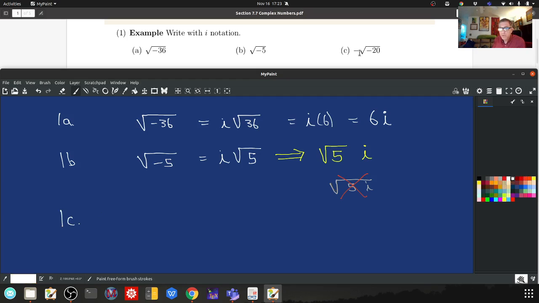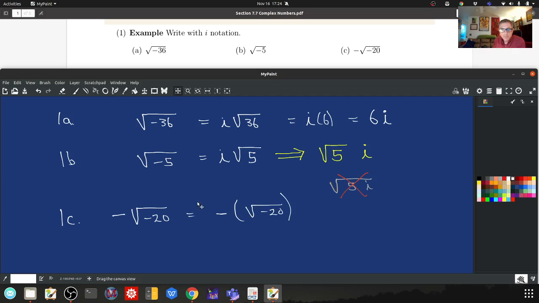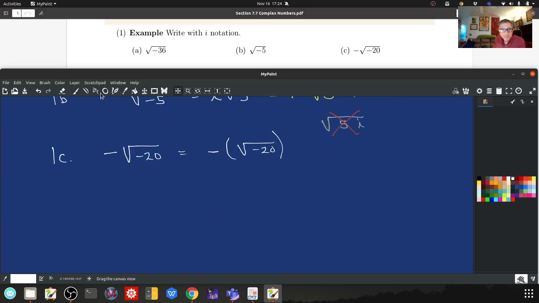So here, we're going to do this just a little bit differently. This is minus the square root of minus 20. Well, this is the square root of a negative number, so I bring out the i, and that's just the square root of 20.